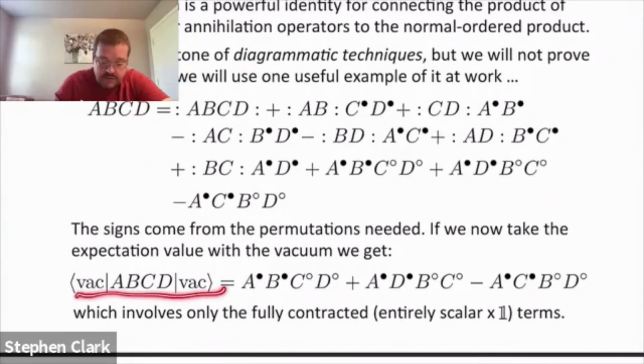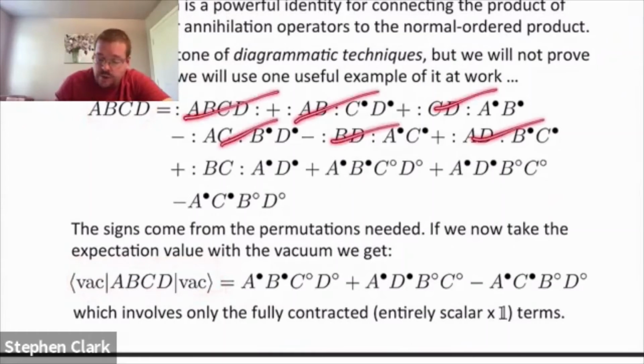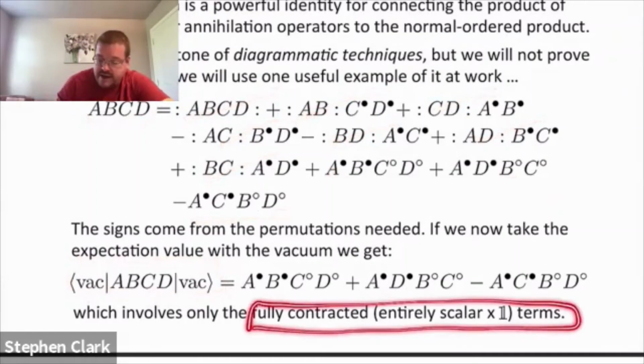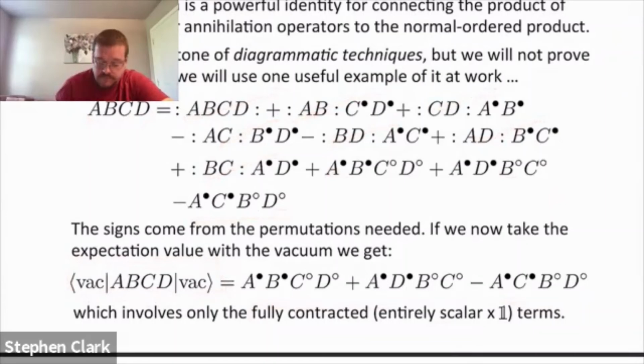If you take the expectation value on the vacuum of these 4 operators, all of these terms vanish because they contain normally ordered operators, which vanish under the vacuum, and only the last 3 terms survive. So basically, you only get the fully contracted identity terms contributing.